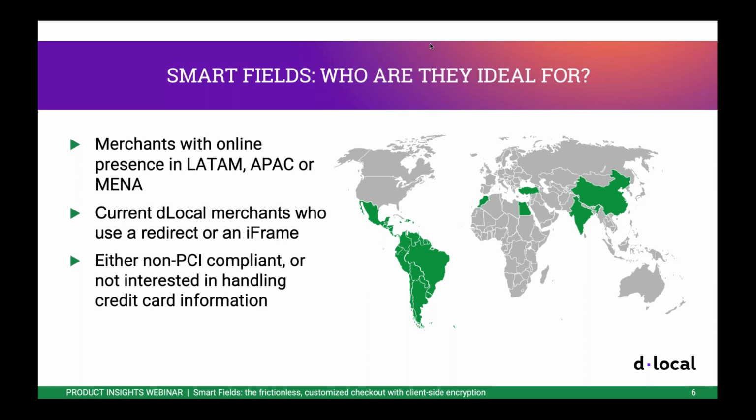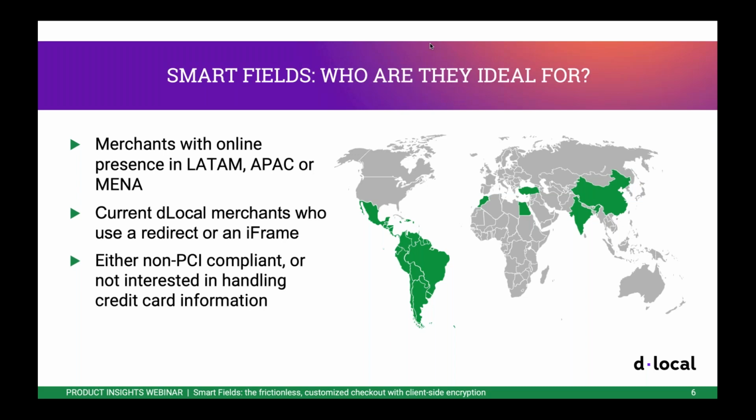A quick touch base on what PCI means. I know there's a variety of merchants here in the audience, so a quick reminder on that. PCI is a data security standard that ensures that any company who accepts, processes, stores, or transmits credit card information has the ability to maintain a secure environment.